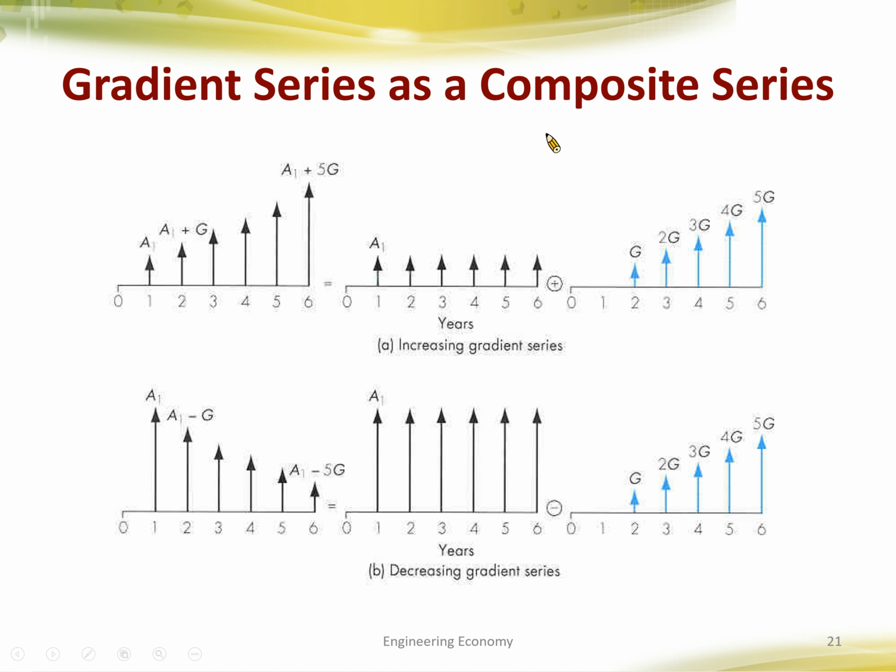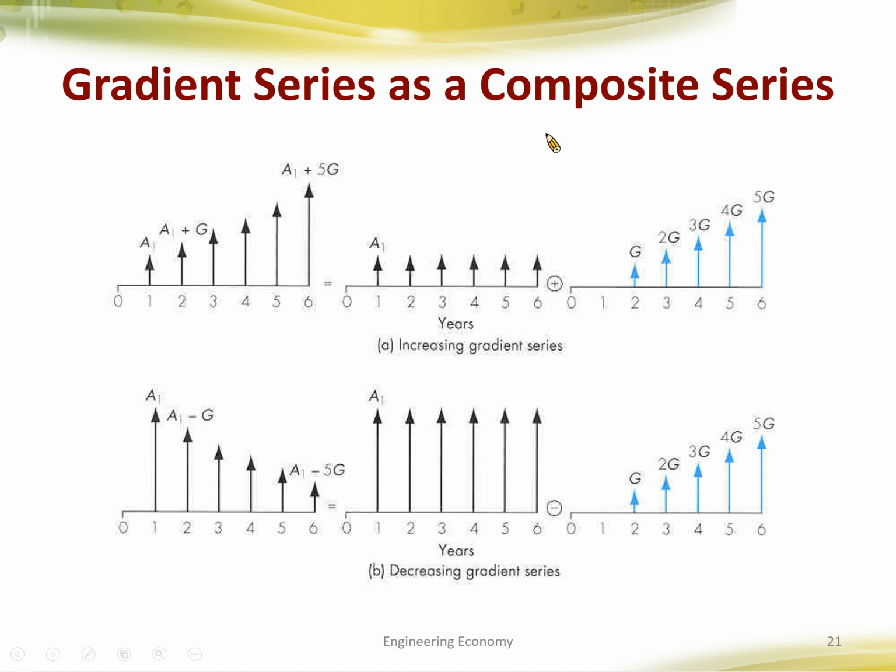Similarly, we have this linear gradient series. We can easily compute its future value or present value. So we can add them together to get the value of the decreasing gradient series.